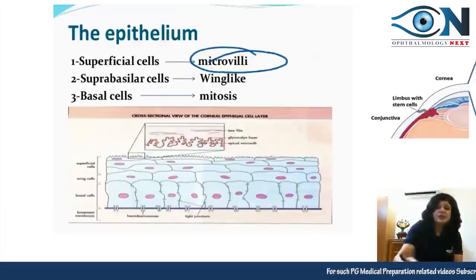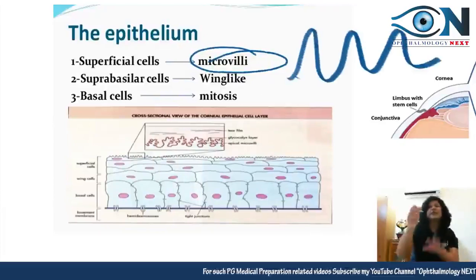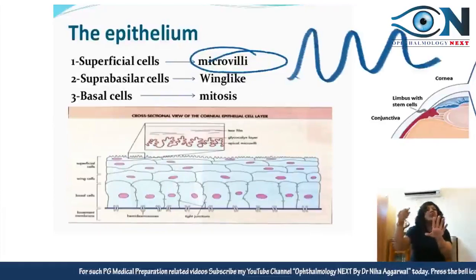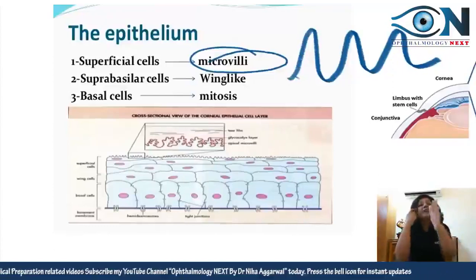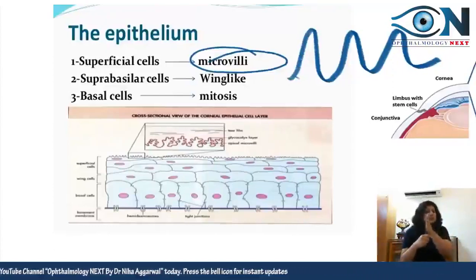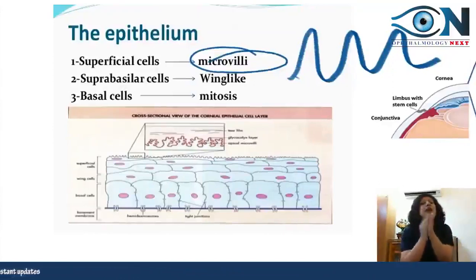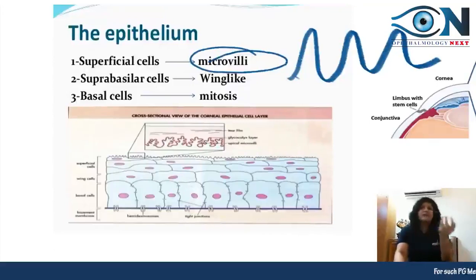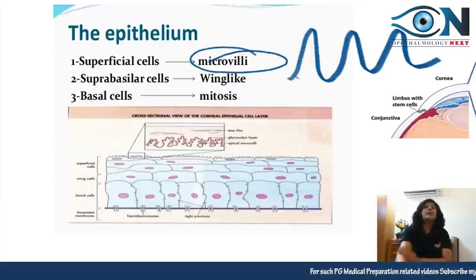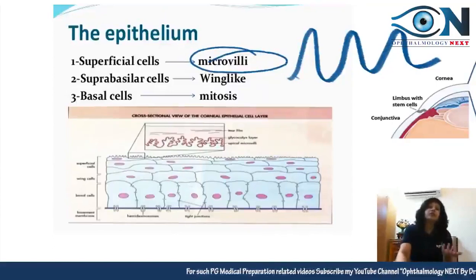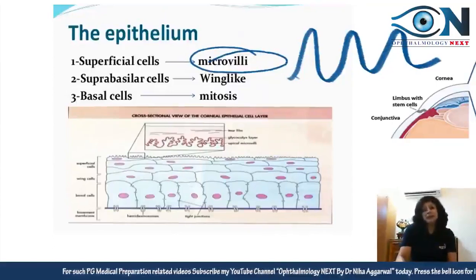And what they are doing, see, whenever we have villi, what happens? It is increasing the surface area and it is going outside to the aqueous humor. So these villi are actually coming from the cornea and they are going into the aqueous humor. Exact reason is not known, but many people say that it is going into the aqueous humor to take the nutrition, because you know cornea being avascular requires the nutrition from the aqueous humor.